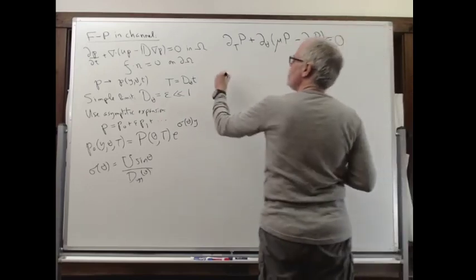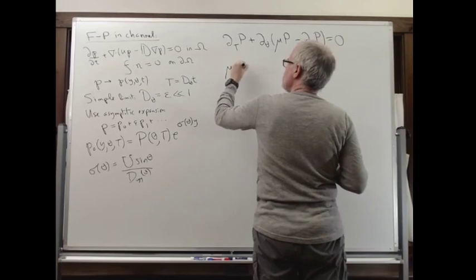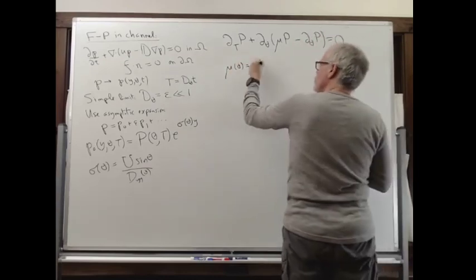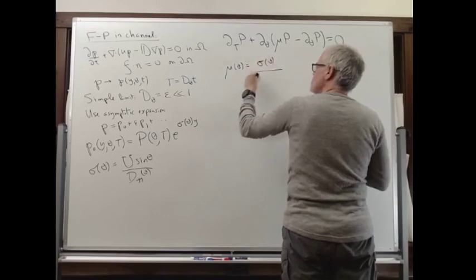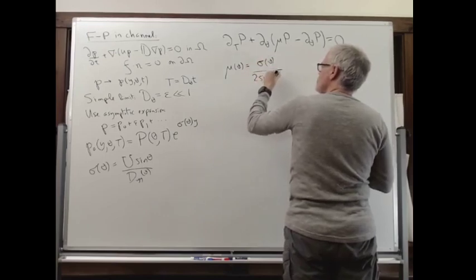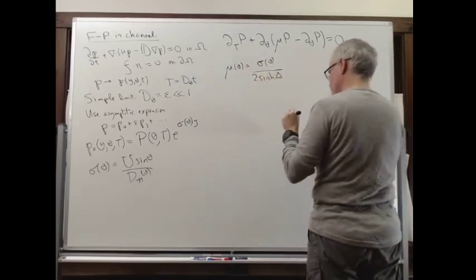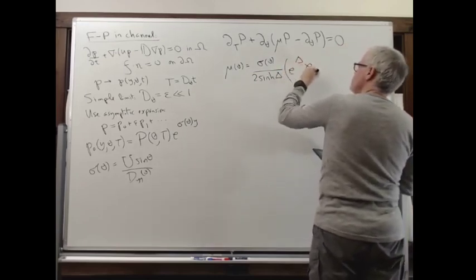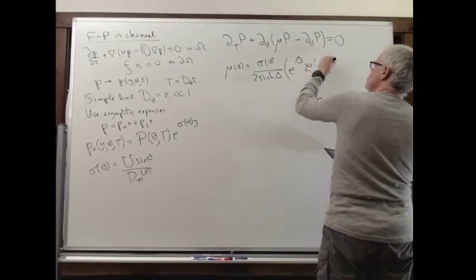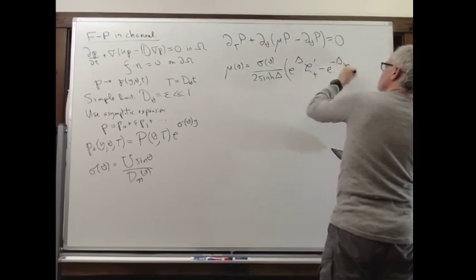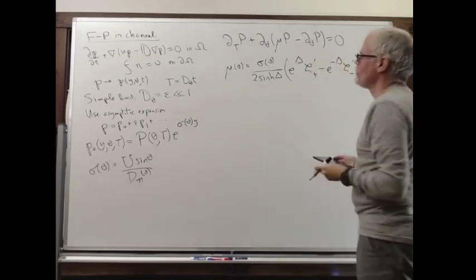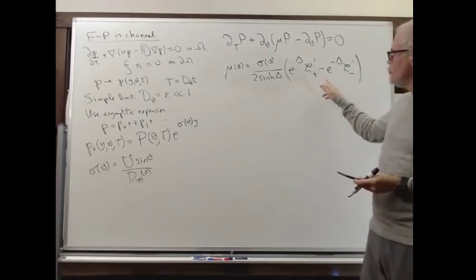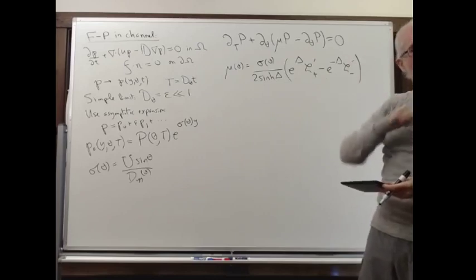So it has a rather complicated expression, but I'll go ahead and write it out anyway because you'll see that there's information encoded in this. So it's sigma over 2 sinh of a function called capital Delta, and then e to the capital Delta times zeta plus prime minus zeta minus prime. Zeta plus and zeta minus, if you'll remember, are the two functions that give me the shape of my wall.